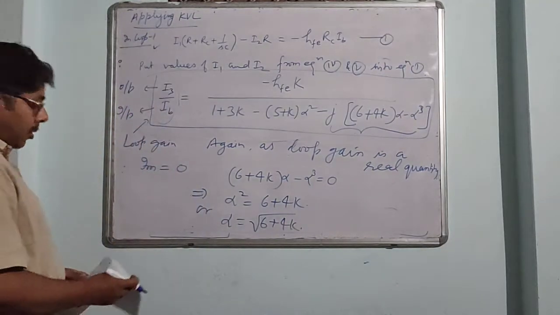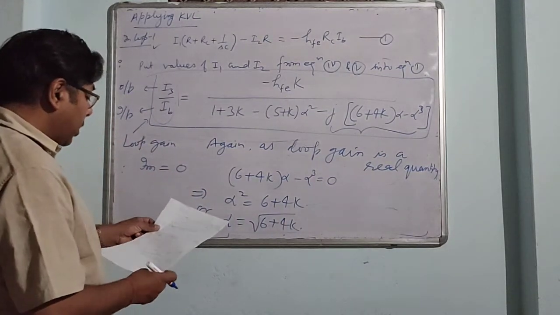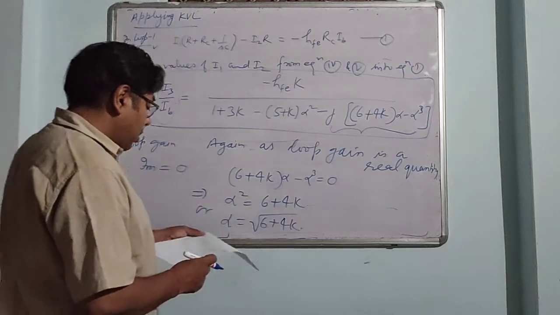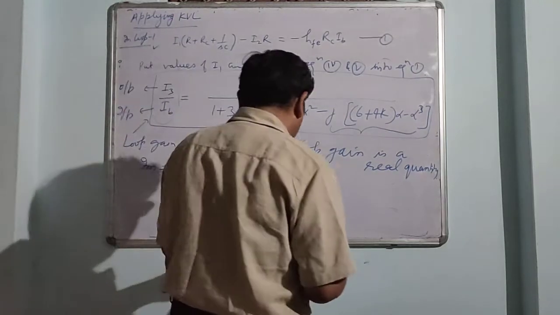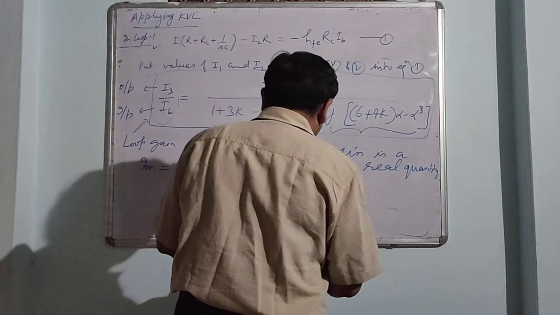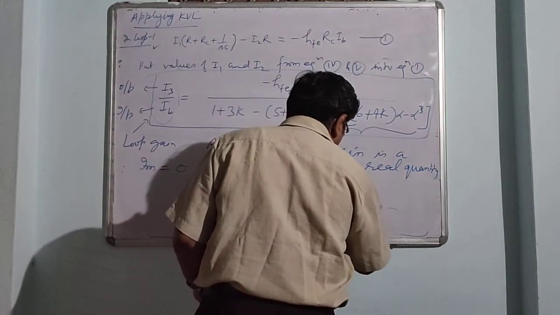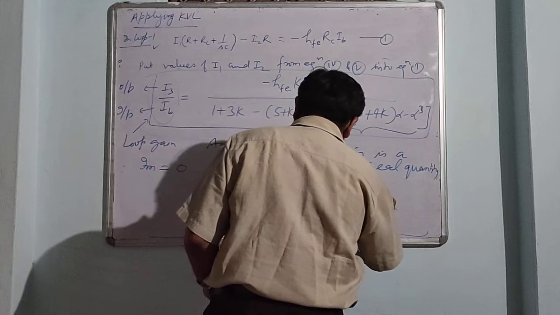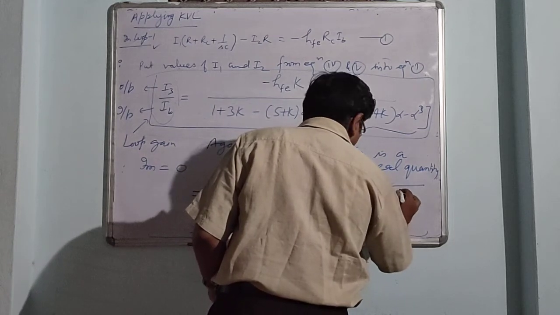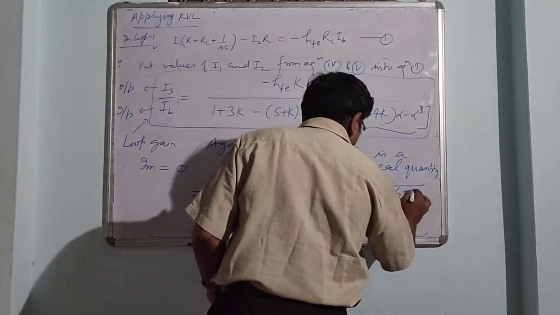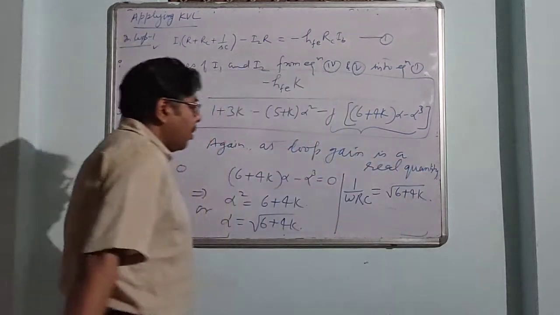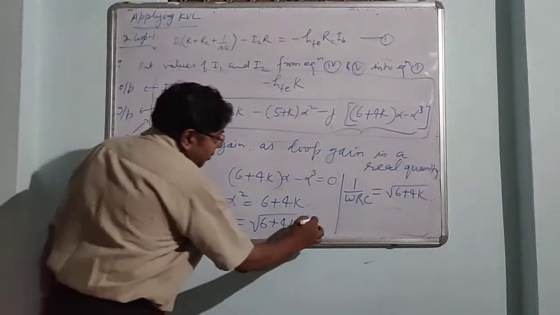And since alpha is 1 upon omega RC, this is the alpha. So you can write this is 6 plus 4K from here.